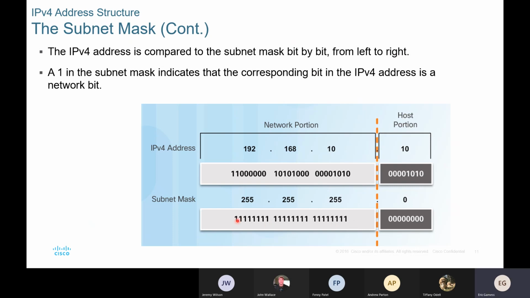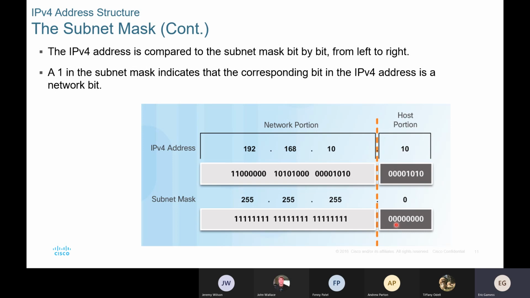And the net mask says, for example, this one says that this bit belongs to the network part. This one says that this bit belongs to the network part. This third one says that this bit belongs to the network part. So at the end, here I have 24 1s, which means that the first 24 bits of the IP address belong to the network portion.